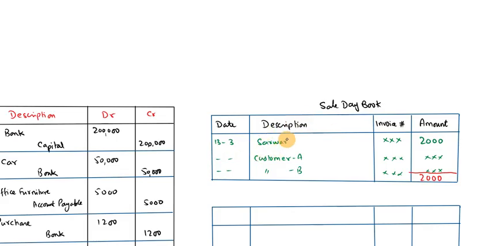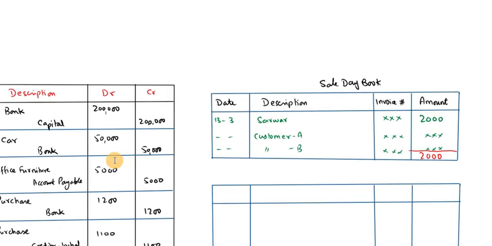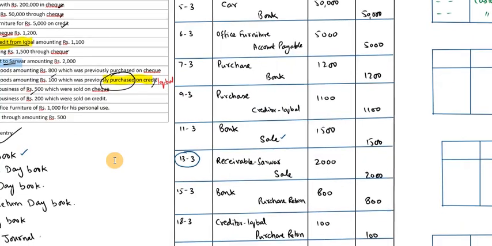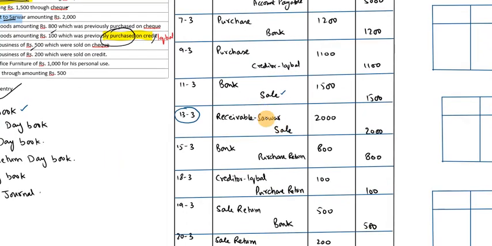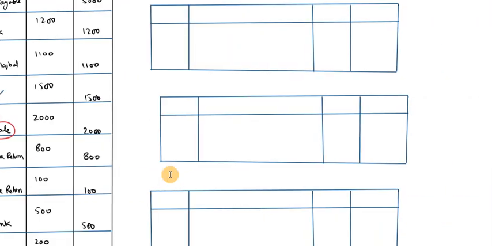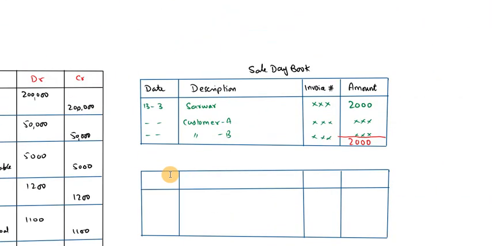The business made a sale to the customer on credit, and that is the only credit sale we have. So this is the receivable, Sarwar's name and the amount of 2000. So in the sale day book we record only the one credit customer, Sarwar, 2000.